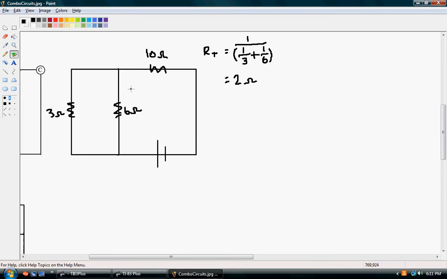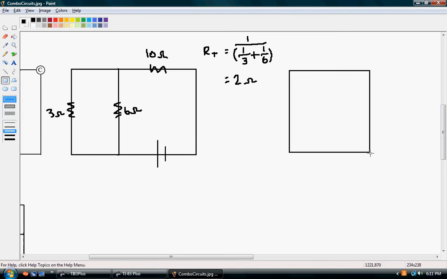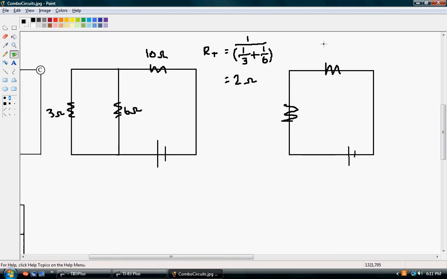So we can redraw this again to make an even simpler circuit, where we have 2 ohms here.